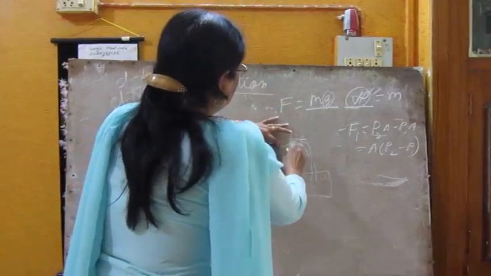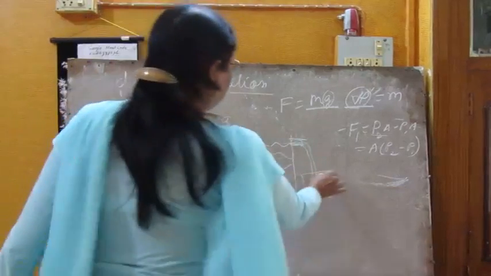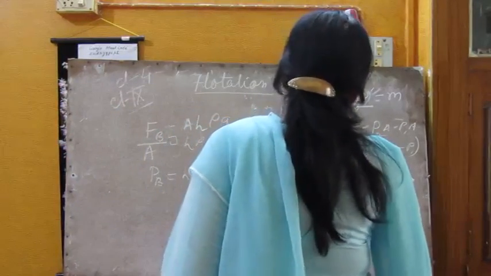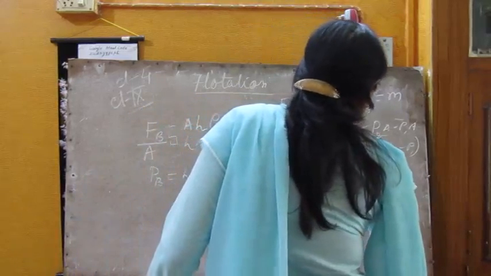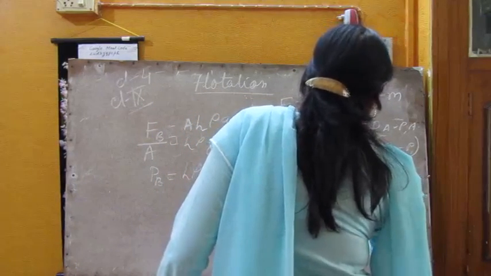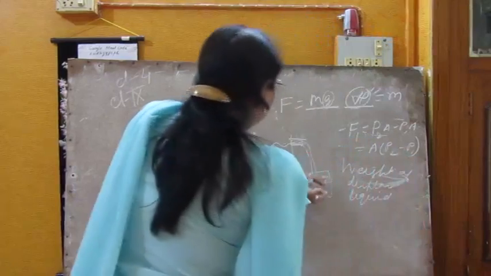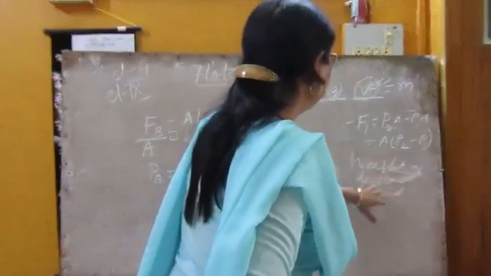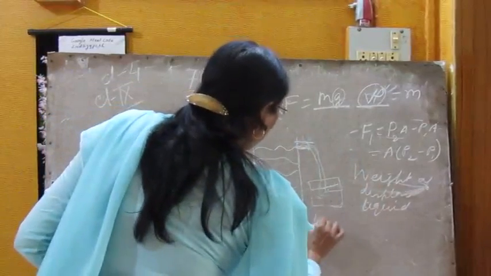If you take the weight of this water, it is called the weight of the displaced liquid. This weight of the liquid is equal to the weight of the object.